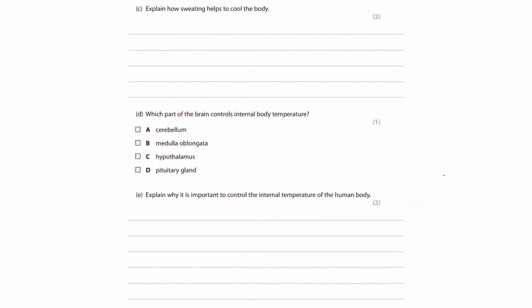So explain how sweating helps to cool the body. So that's the thing, isn't it? Sweat is actually just water released from our sweat glands. All it is is water. So sweat is water released from our sweat glands in the skin.